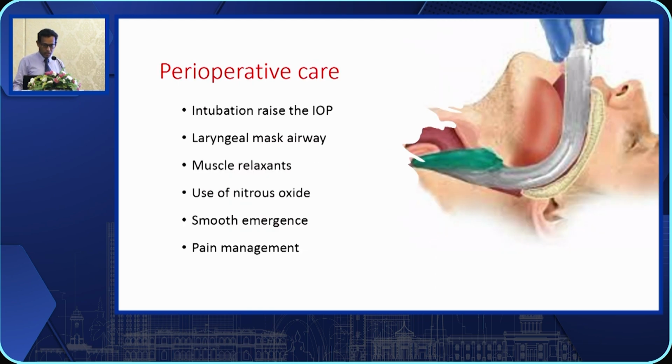Perioperative care, what are the techniques? Most of the time, about 90% of surgeries we do with a device called the laryngeal mask airway. This is one of the most important devices, invented in the 1990s. It has reduced the chance of intubation in about 90% of patients. But we have to select the patients correctly.